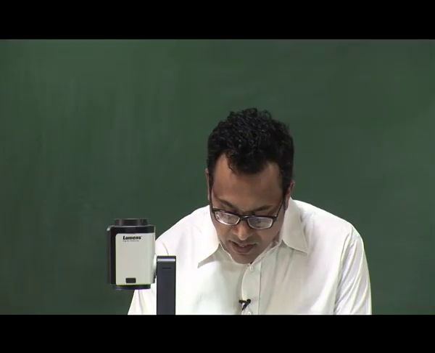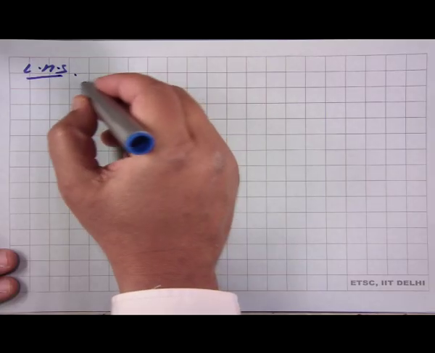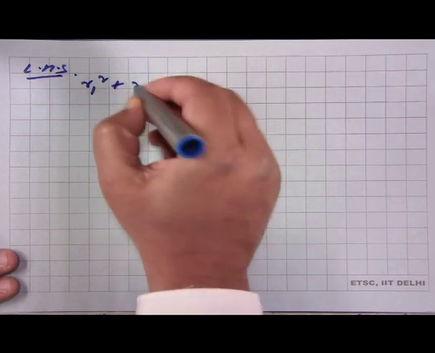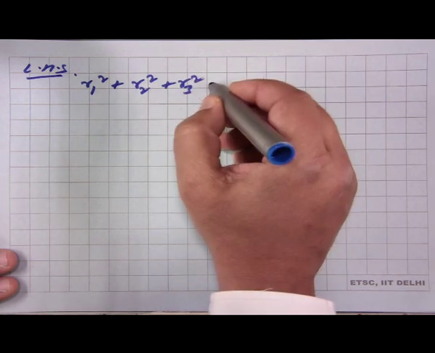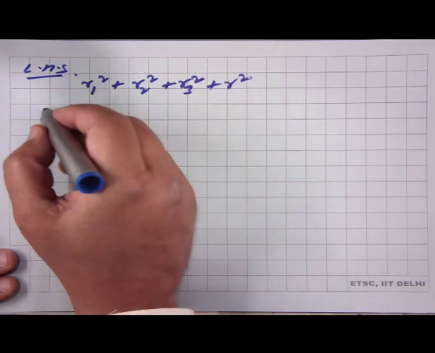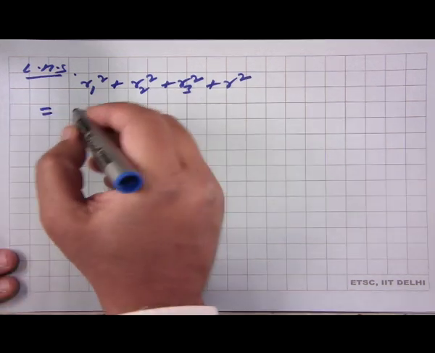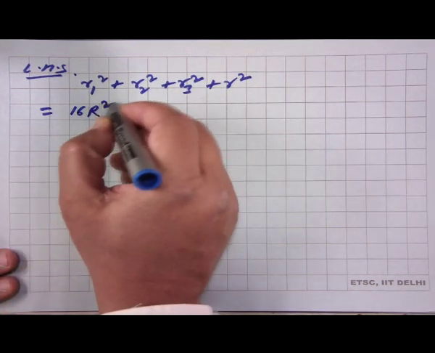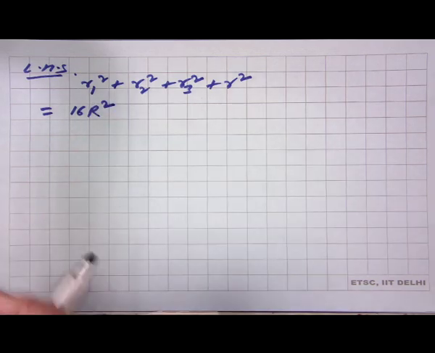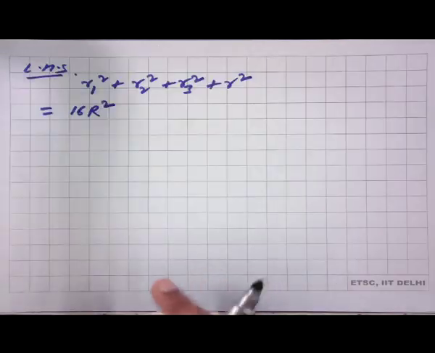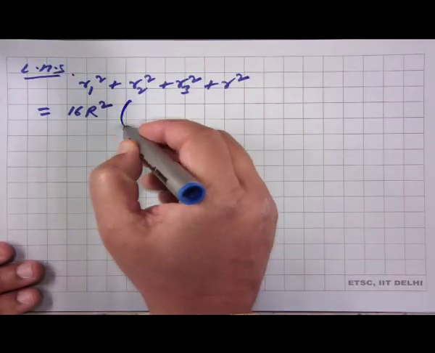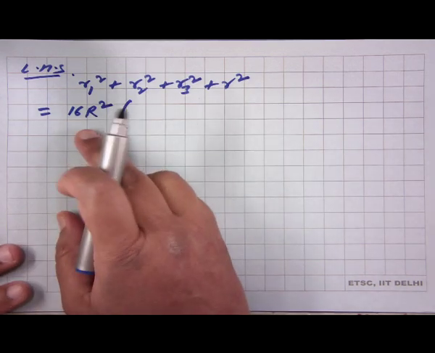So, then the left hand side, which is R1 square plus R2 square plus R3 square plus r square, equals 16R square, which is going to be common because all of these have 4R, and that is what we wanted.